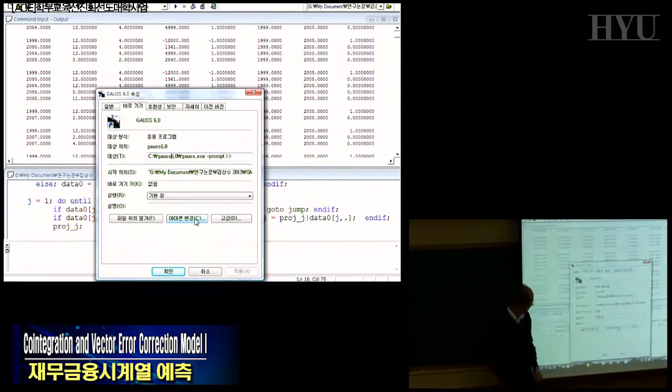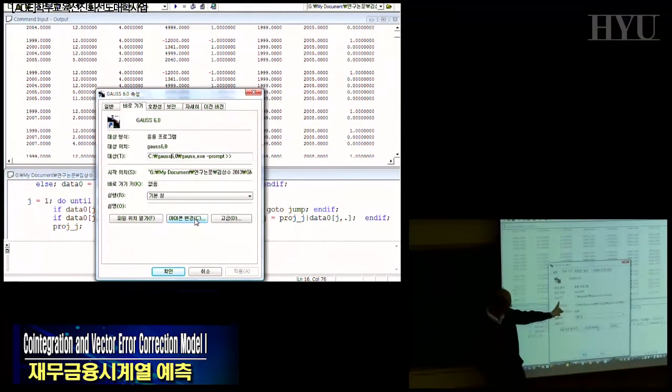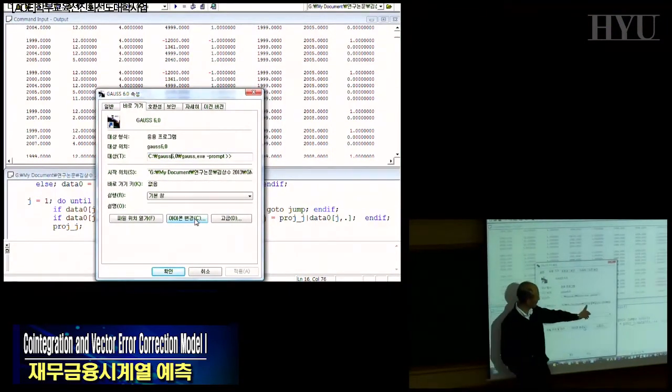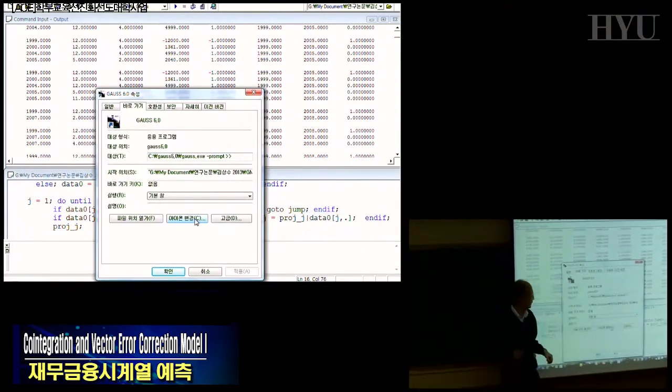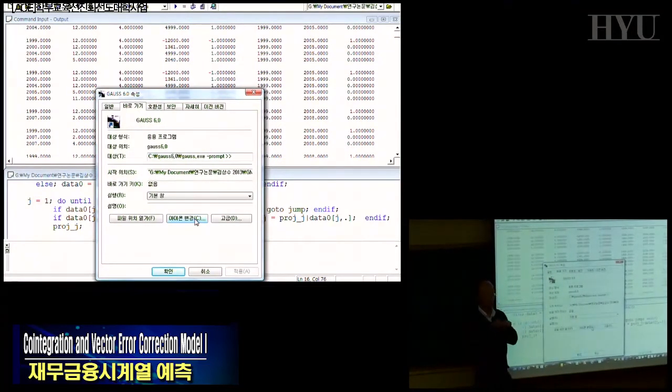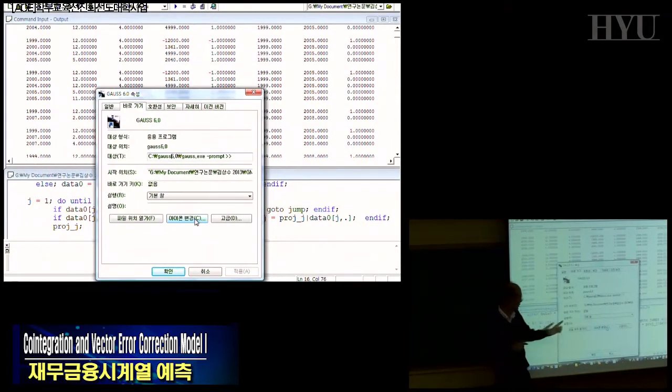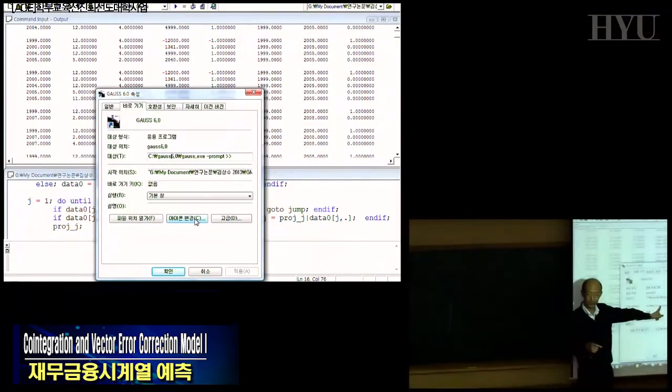But this is the starting position, my document, right? So even if you open PC anal GSI from Gauss, you cannot read the data because it points to the subdirectory.